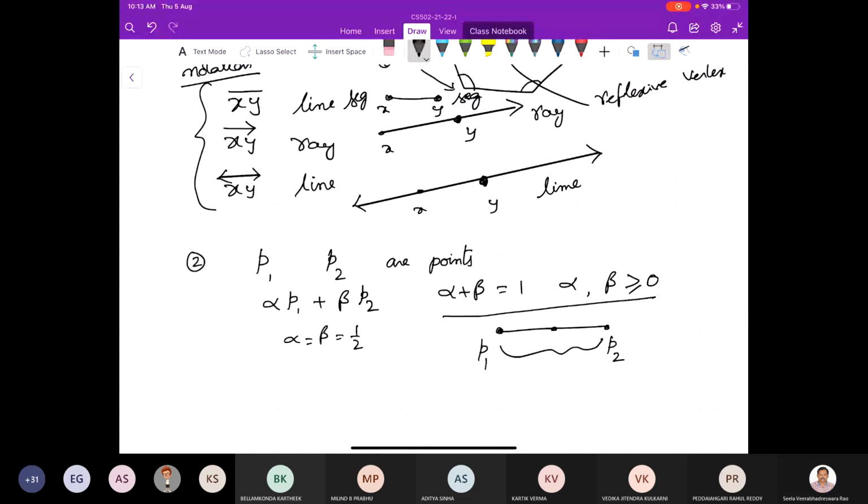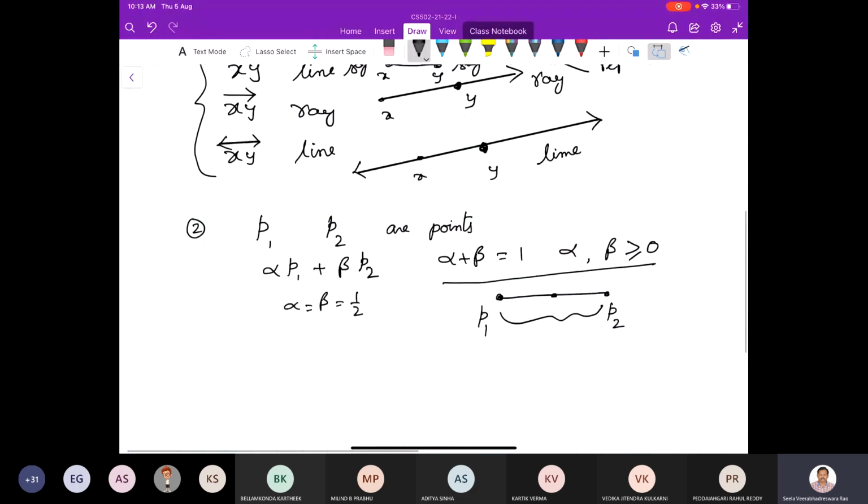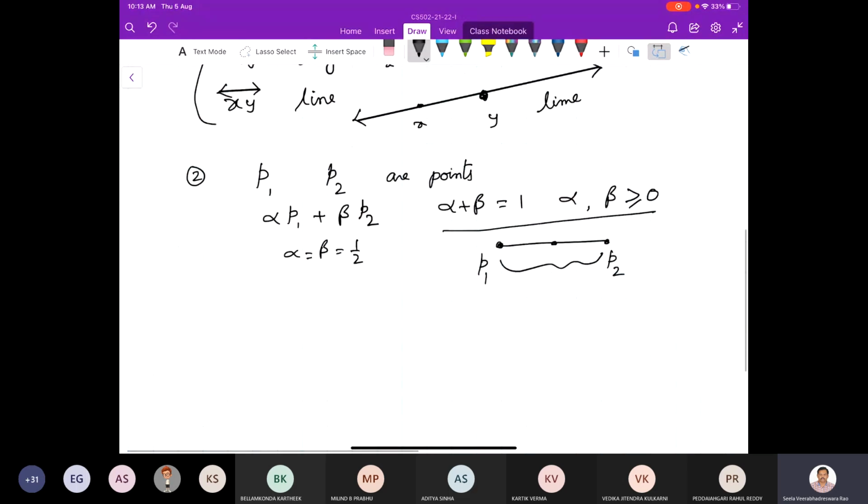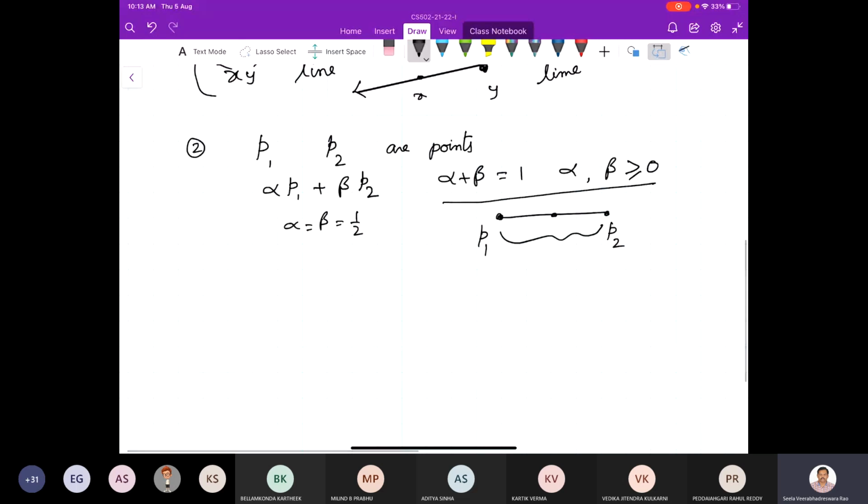Now, is this clear? This is simple geometry actually, all of you know. And we extend this to a general set of points, what is called a convex combination.